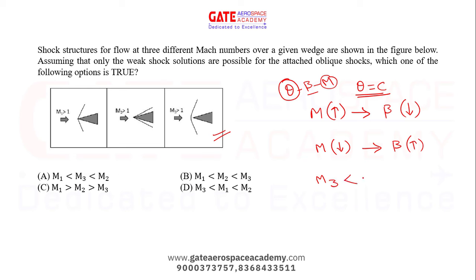If we increase the Mach number above M3, slowly it will get attached, right? So at M1 it gets attached. If we increase the Mach number beyond M1 also, then what happens to the beta? Beta decreases. So for this case, we can see that the shock angle is less than this, right? So M2. The correct option is M3, then M1, then M2.